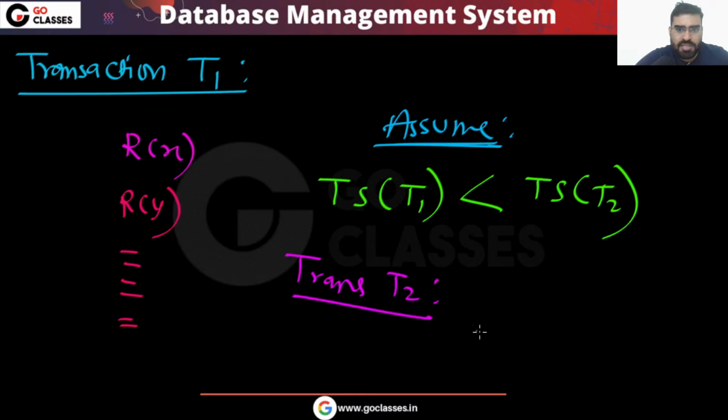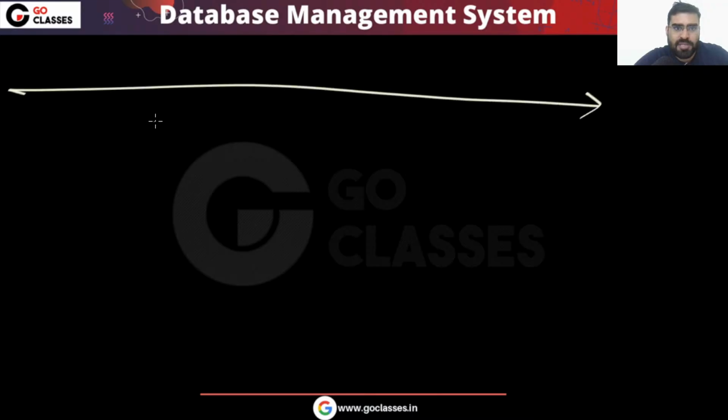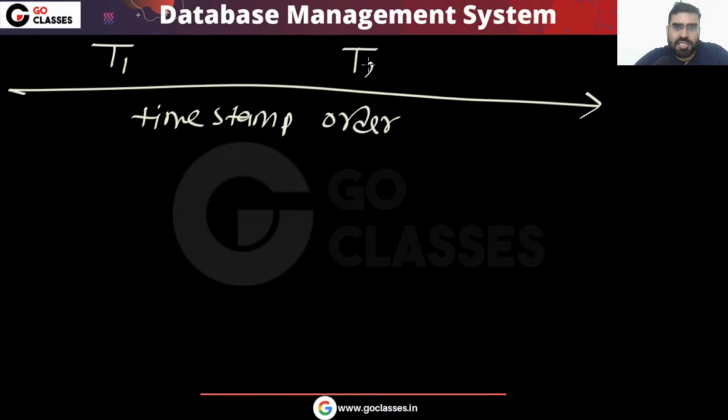This T2 writes item Y. You already know that this is the timeline. This is the timestamp order: first T1 and then T2, correct?